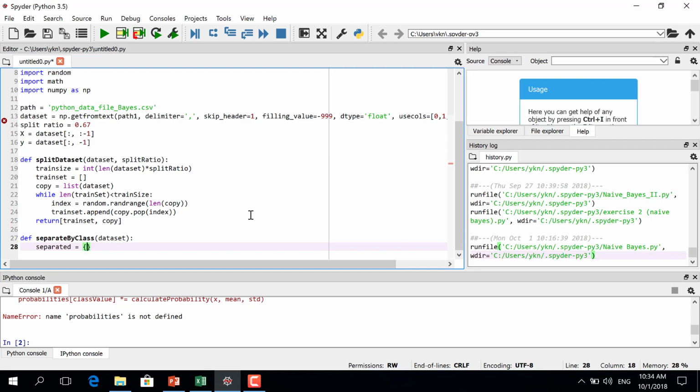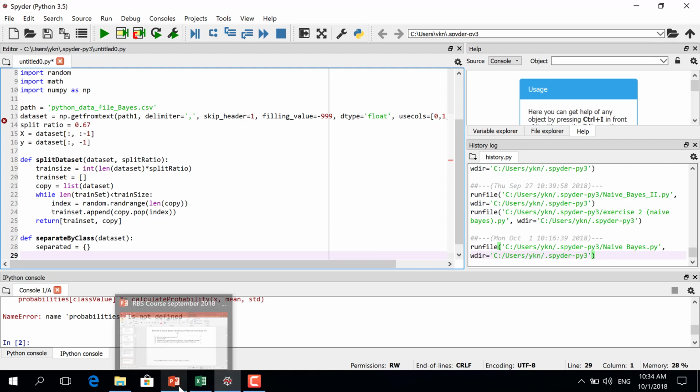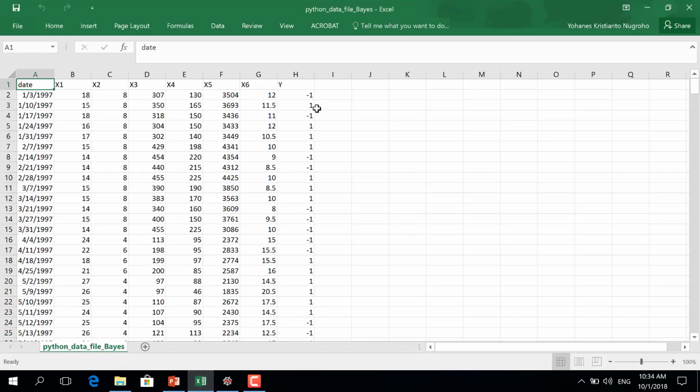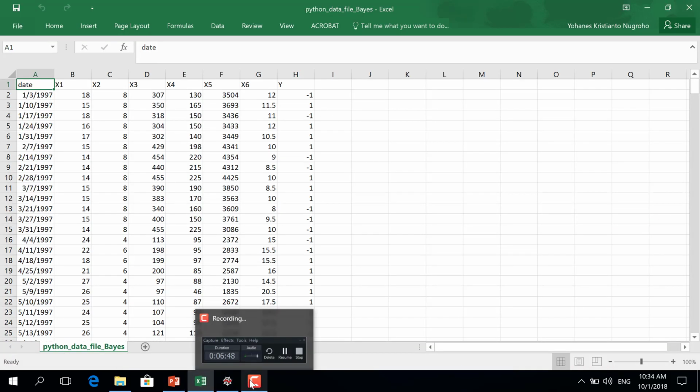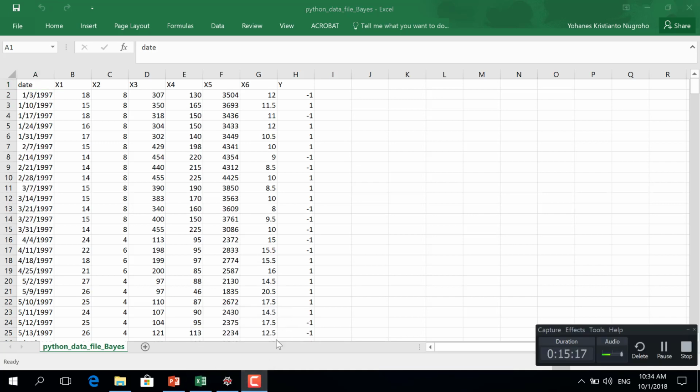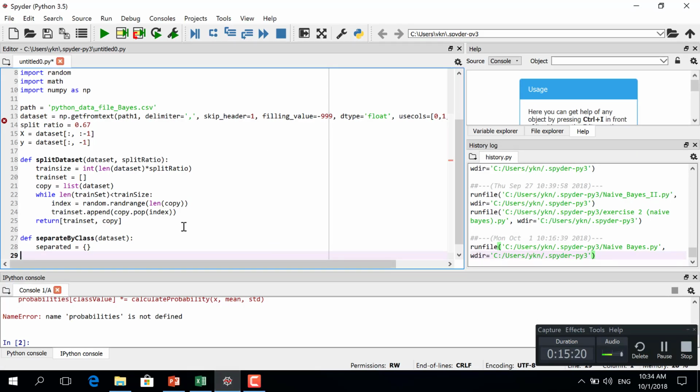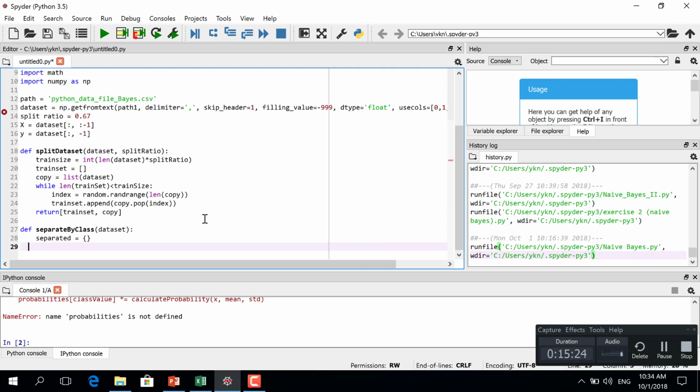So our data will be separated according to different outcomes of dependent variables. Here we have -1 and 1, so therefore we have to split into two groups, which group according to -1 and which group according to +1.